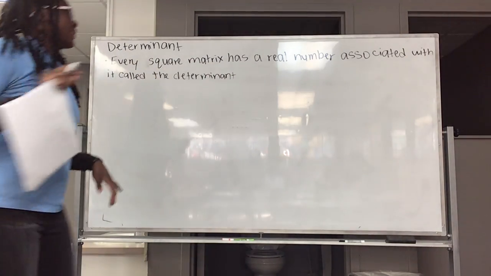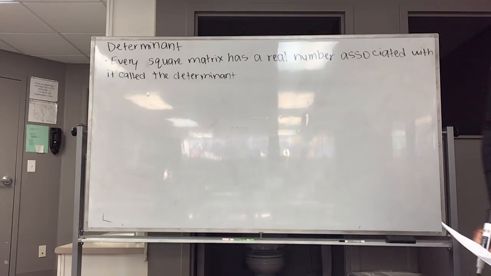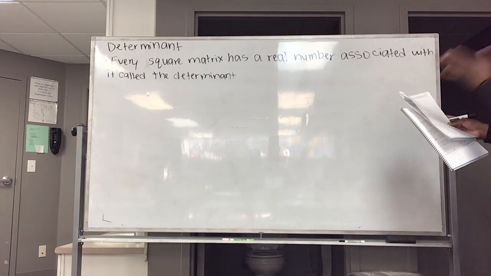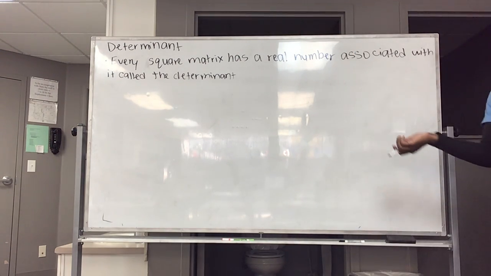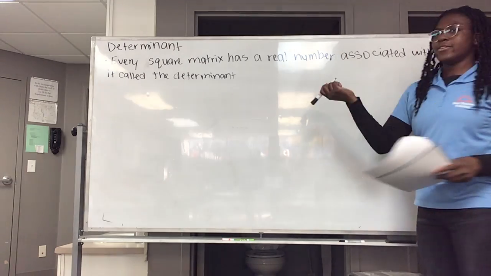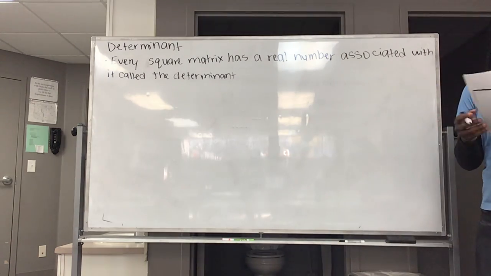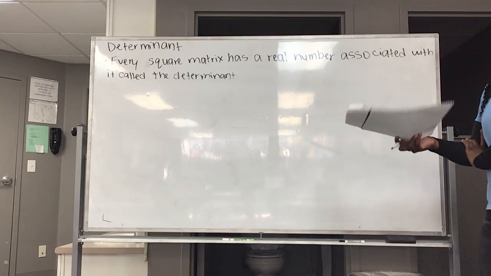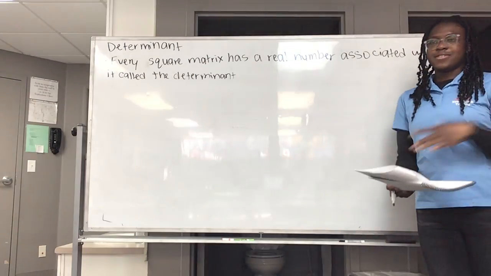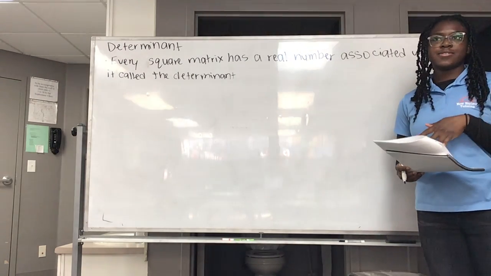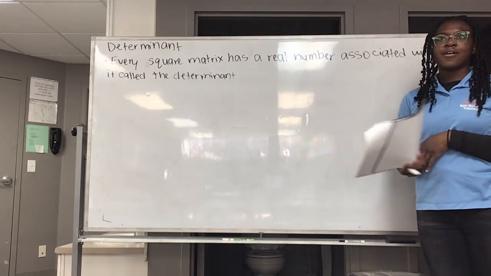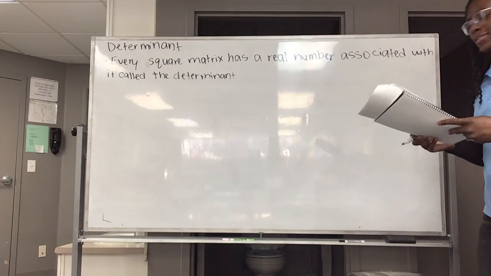Every square matrix has a real number associated with it, and we call that the determinant. What I mean by square matrix is that it has to be a 2 by 2 one or a 3 by 3 one. We're just going to find a 2 by 2 one today, and if you see any higher than that, I'd recommend using your calculator because it will take you too long, and then you're wasting time on the ACT.